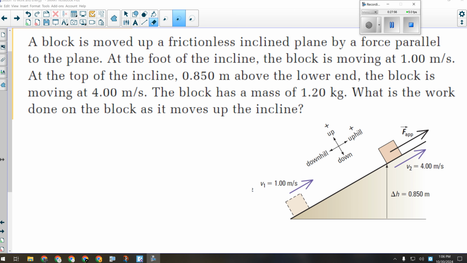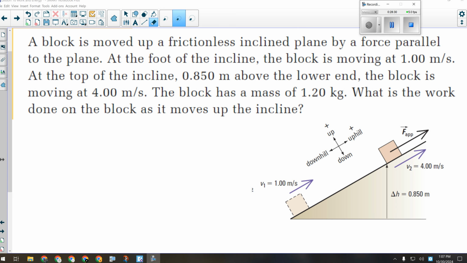Potential's changing, and the kinetic is also changing because they tell us at the bottom it's only moving at 1 meter per second, but at the top it's moving faster. So whatever's happening here, this applied force must be pretty big, because it's not only changing the kinetic energy from 1 to 4, it's also pushing it up the ramp. If you go up, you increase your potential energy. If you speed up, you increase your kinetic energy.